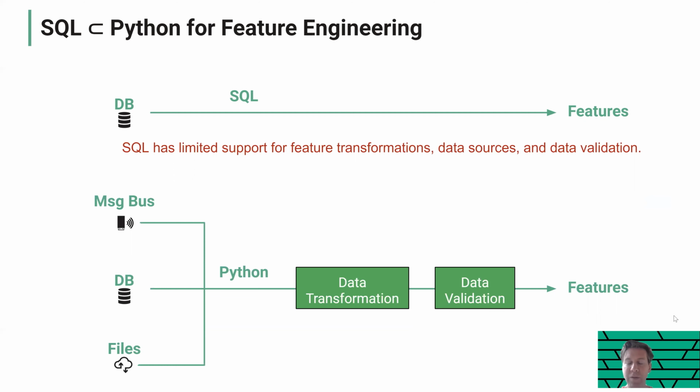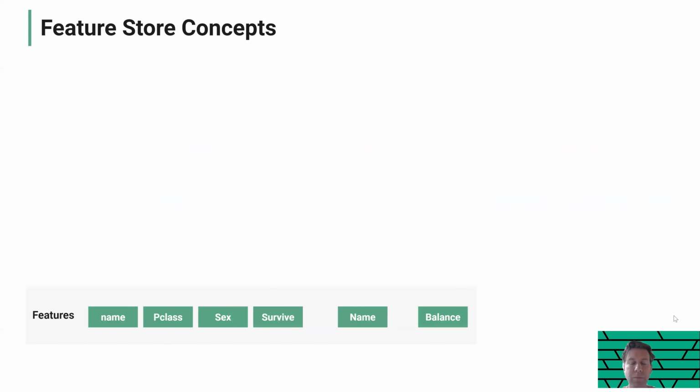If an invalid load factor, let's say 100 or 200, appears in a training pipeline, it can really skew predictions, and it's very hard to identify and debug that type of problem. So we want to anticipate any potential problems in data and identify them early through data validation. Now, our particular feature store, the Hopsworks Feature Store, is built around three main concepts.